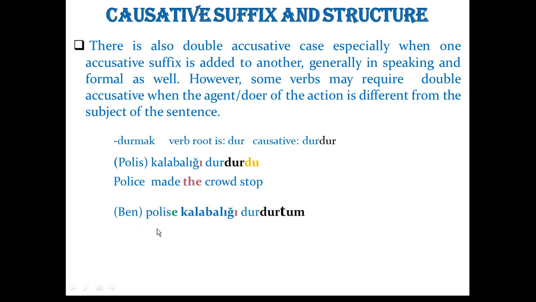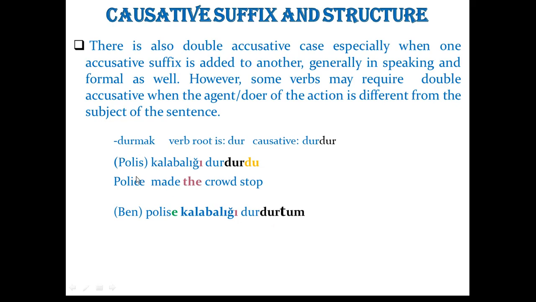Ben polise kalabalığı durdurttum as another. So when the dur is made clear in this sentence. So here polis kalabalığı durdurdu. Police himself made the crowd stop, but this time that is different. Ben polise kalabalığı durdurttum.